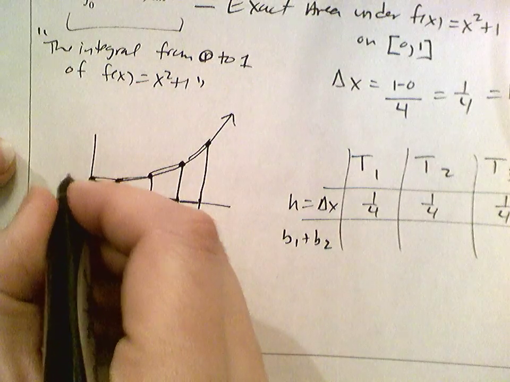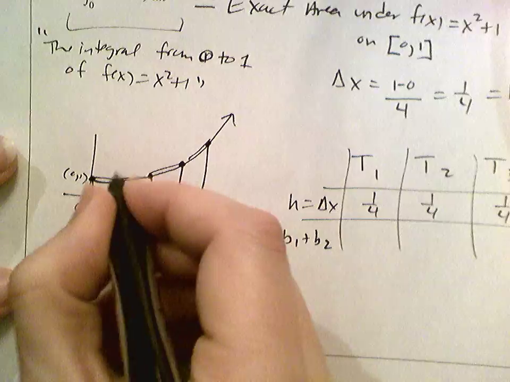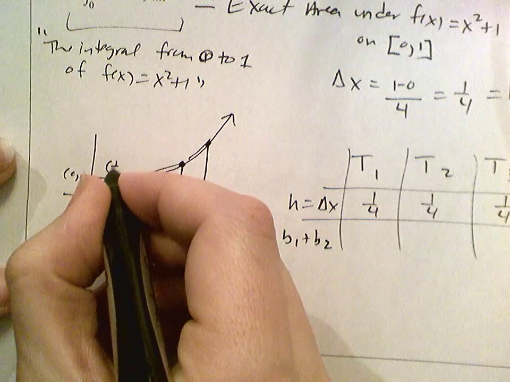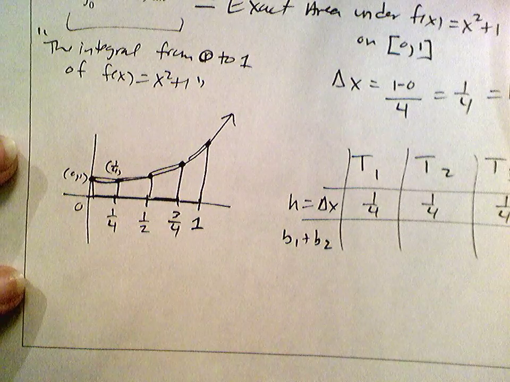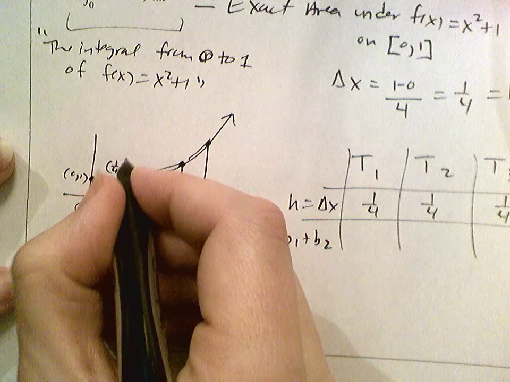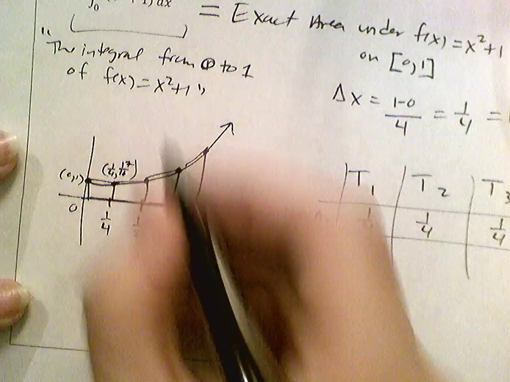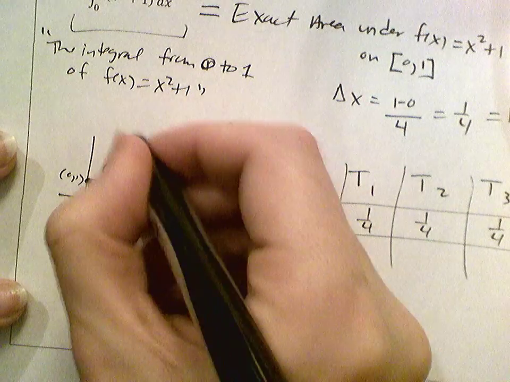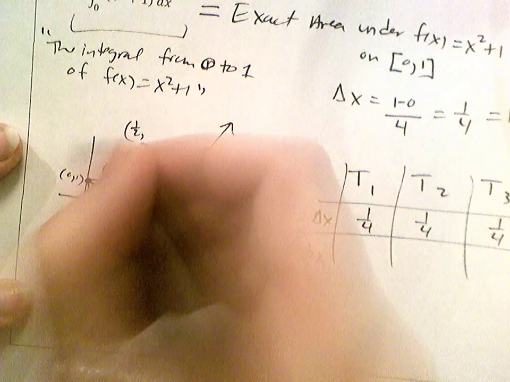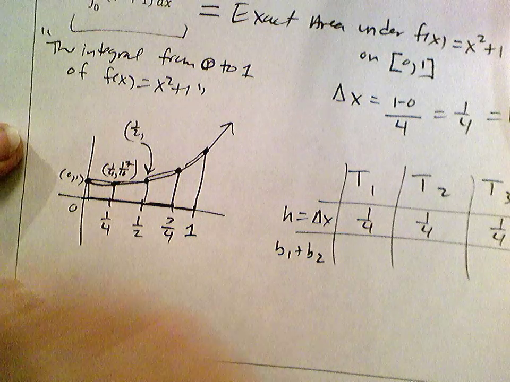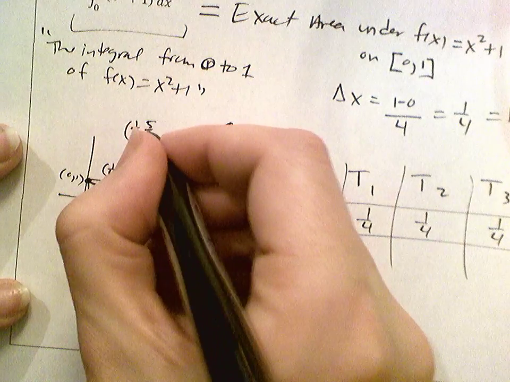The coordinates of this point here are 0, 1. The coordinates of that point there are 1/4 and 17/16. All right, this one here is a half, and then 5/4.